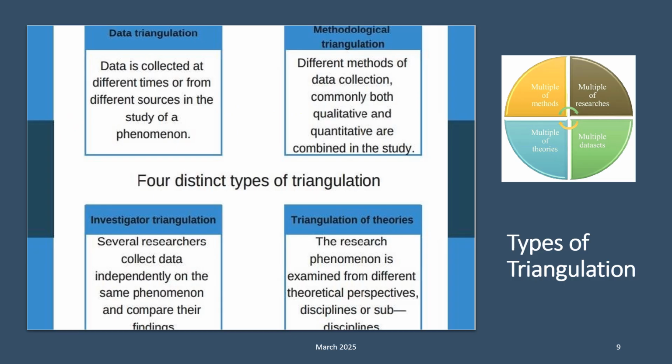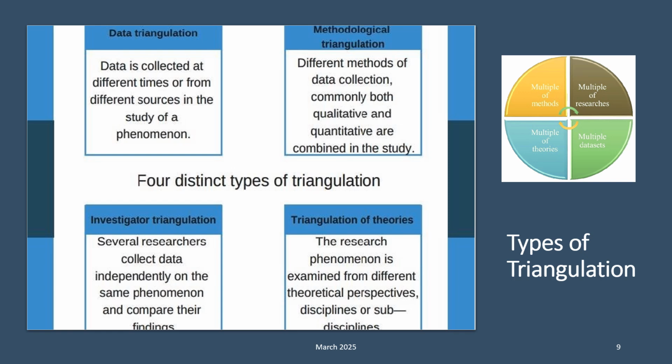In this slide we can see the different types of triangulation. Firstly, we have data triangulation, which means data is collected at different times or from different sources in a study of a phenomenon. So it means, for example, collecting quantitative data or qualitative data from different stakeholders, different participants, or at different times.